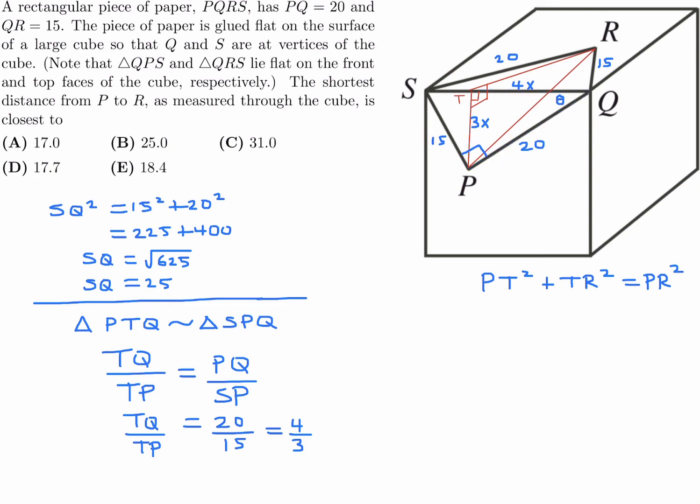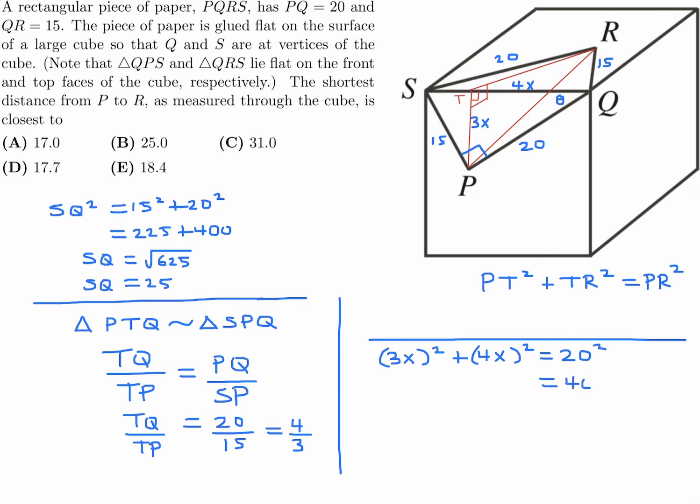Okay, so far so good. All right, so let's use Pythagoras now to figure out x. We have 3x squared plus 4x squared is 20 squared. So that means 400, and this is going to be 9x squared plus 16x squared, so that's 25x squared. And then if you divide through, x squared will be 4 times 4, which is 16.